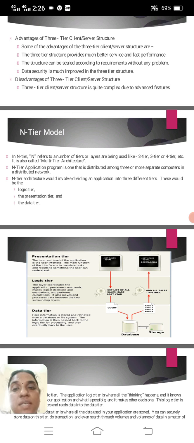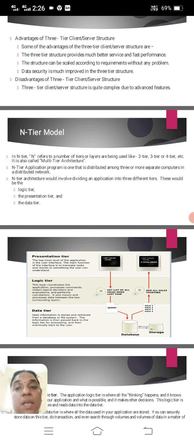Using this graphical user interface, we receive the request and this presentation layer will display the output. Through the logic tier we retrieve the data, and through the presentation tier we present the data.